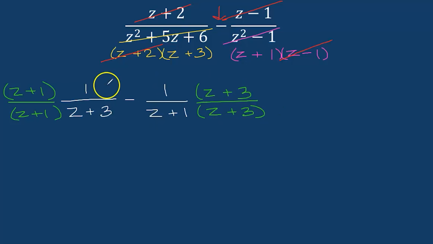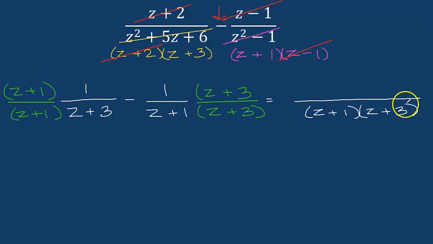Now we're going to do all of this multiplication and come up with a single denominator. The single common denominator is z plus 1, z plus 3. Just like that. 1 times z plus 1 is z plus 1 minus, be very careful, z plus 3.